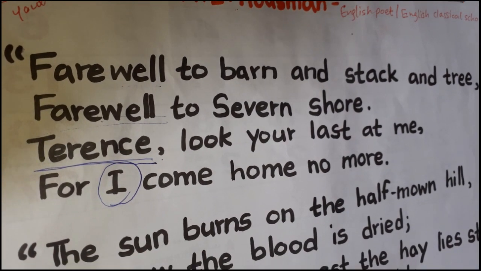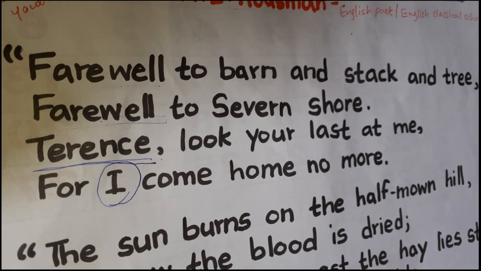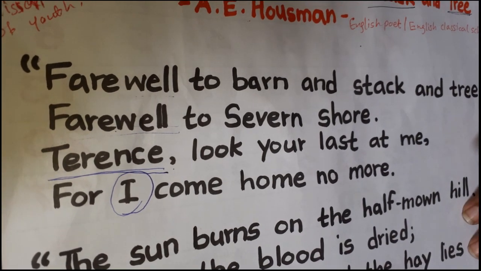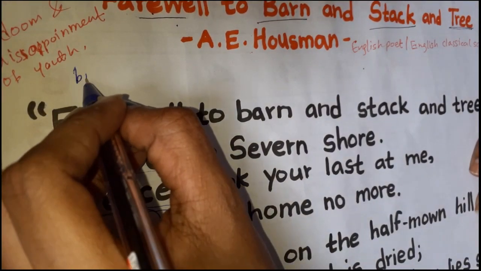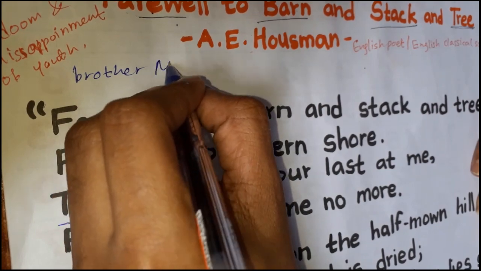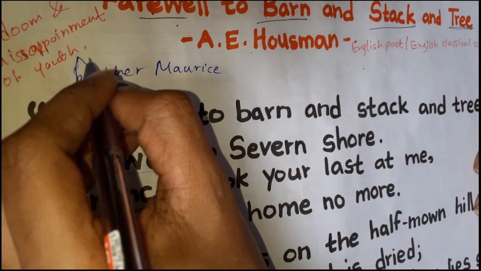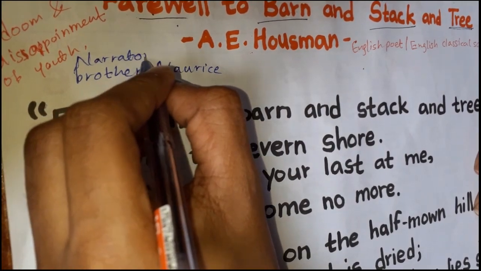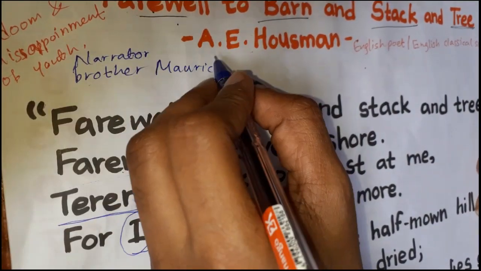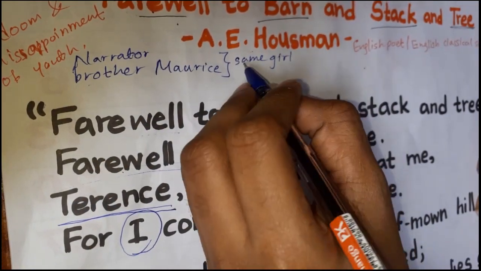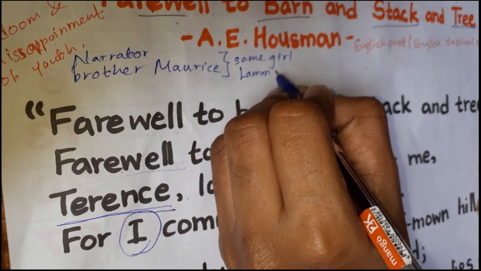One of the famous criticisms says that the narrator and his brother have loved the same girl. His brother's name is Morris, and both the narrator and brother Morris have loved the same girl called Lamastite.